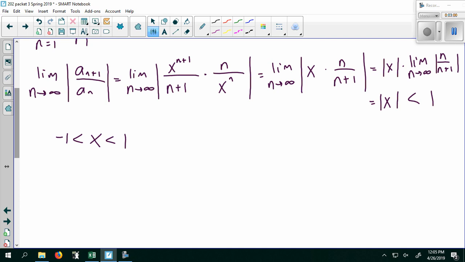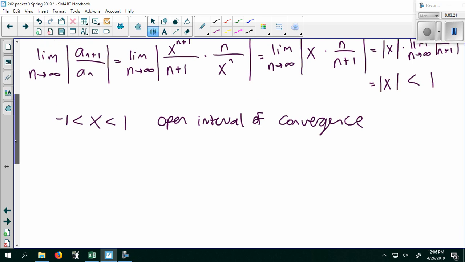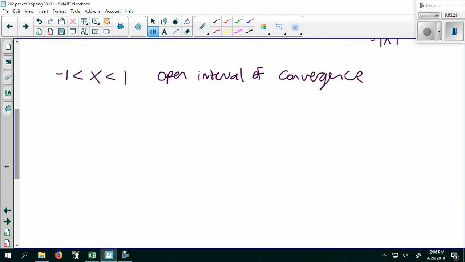And then I have to test the endpoints separately. So this is my open interval of convergence. The endpoints are open. And now I need to determine, do I close one or both or neither endpoint?